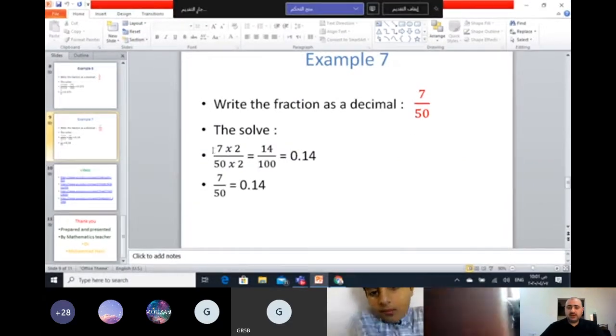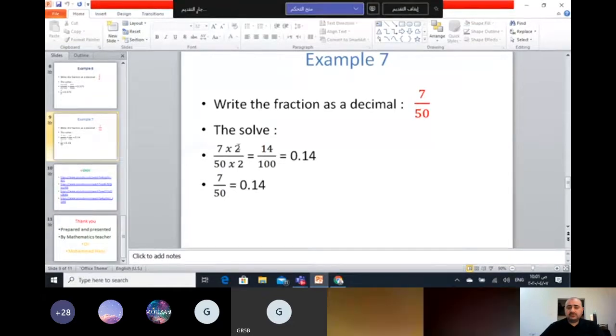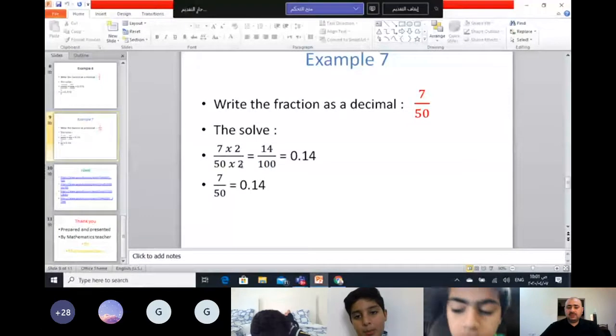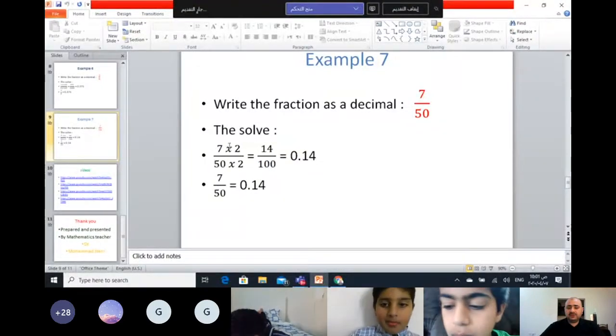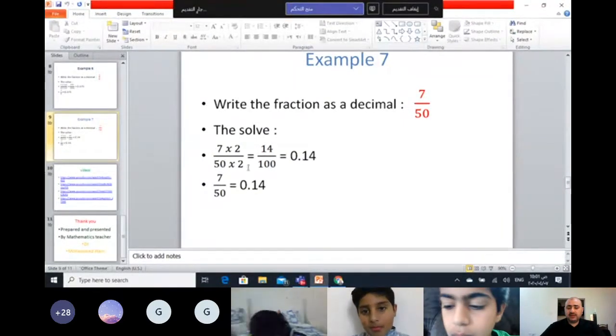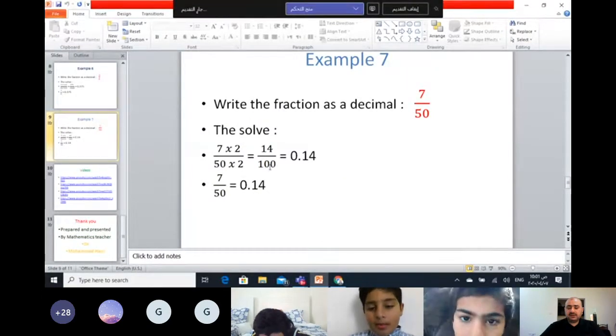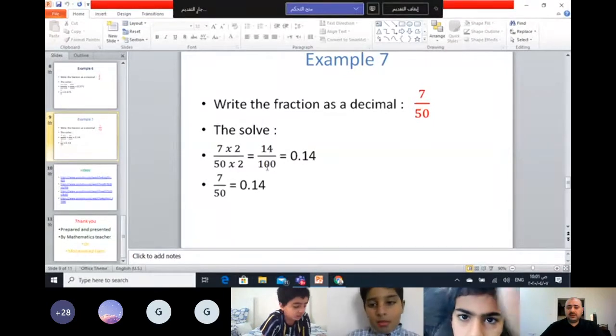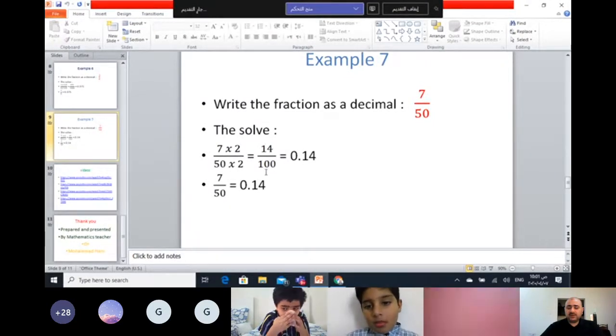So I can write 7 multiplied by 2 over 50 multiplied by 2. 7 multiplied by 2 will be 14, and 50 multiplied by 2 will be 100. So as you see here, I get a power of 10. What's the meaning of 14 over 100? It means I have 14 parts of the whole number 100.